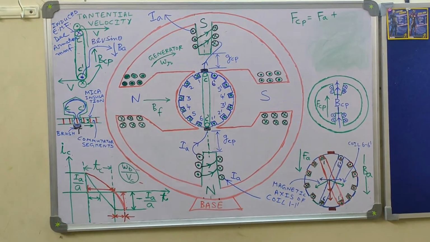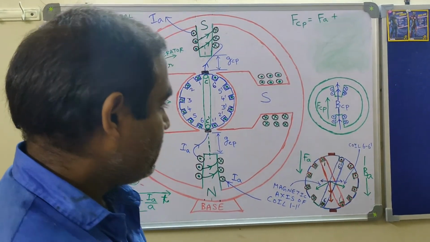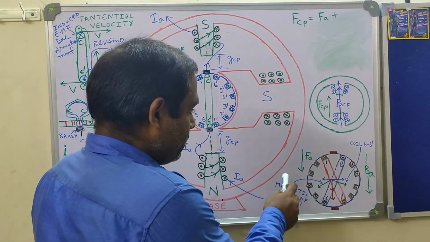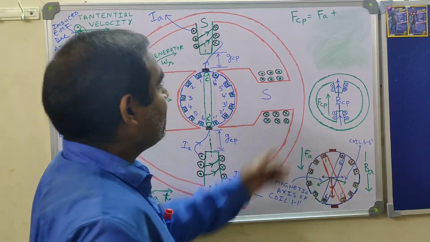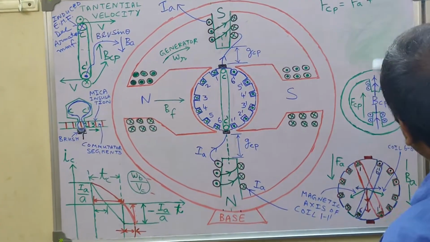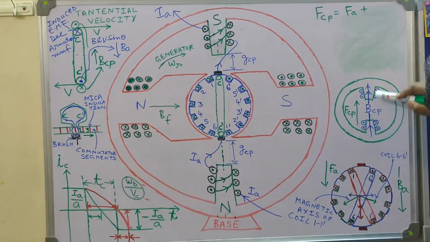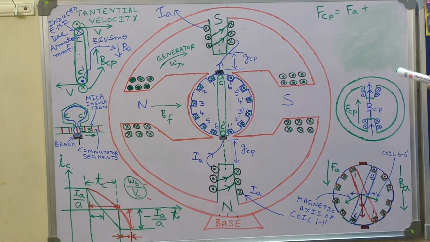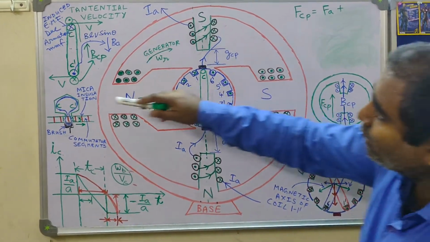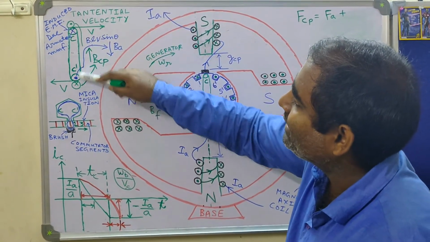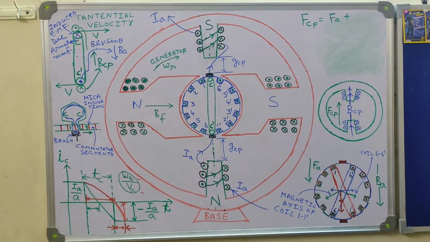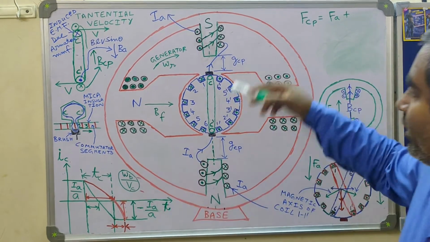What is another thing? Besides cancelling the armature MMF FA, the interpole MMF FCP should develop a flux along the interpolar region, such that BCP will induce an EMF in the commutated coil, and this induced EMF will cancel out the reactance voltage induced in the commutated coil.